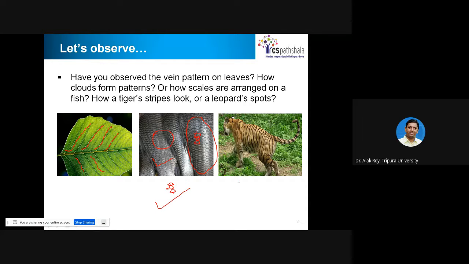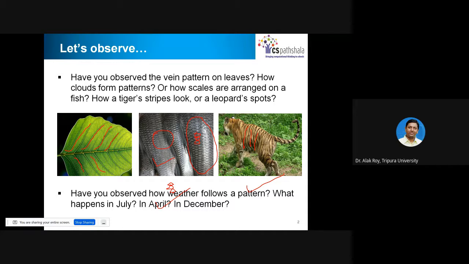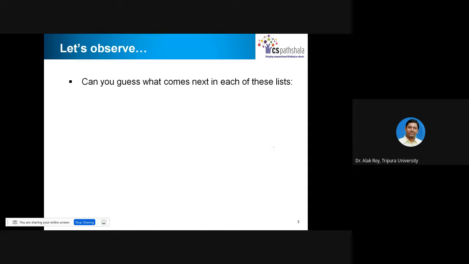Or let's take a third example, the tiger. There is a pattern, okay. The stripes are in a pattern, or maybe in a leopard also you can observe some pattern. Like in earlier classes we have seen guess numbers.